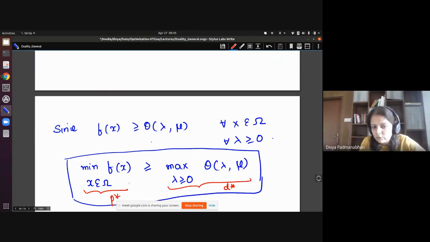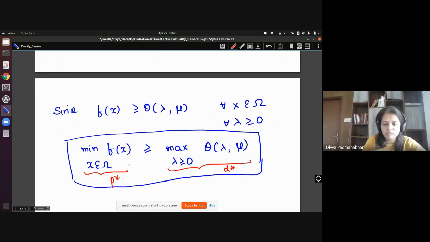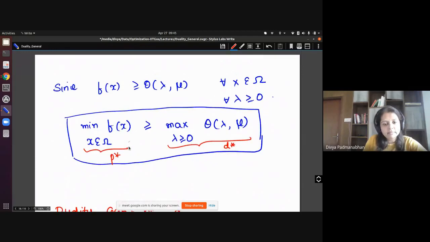Now you maximize over lambda and mu to get a better bound. We call this P star and this D star. This result is called the weak duality theorem. It's just a consequence of the way we have defined the dual.